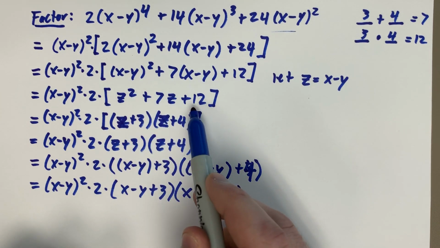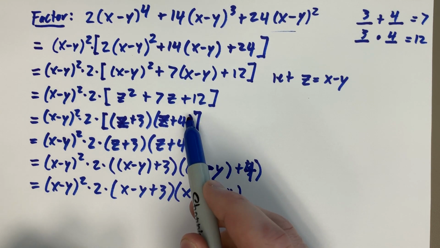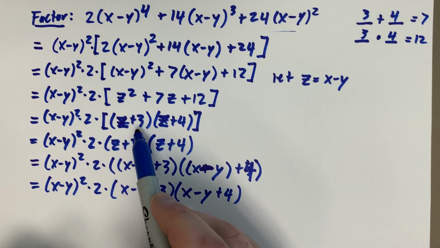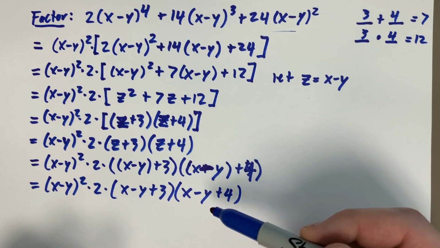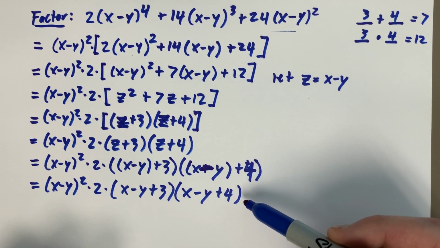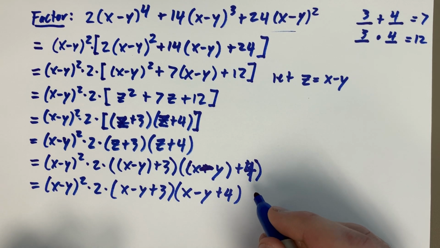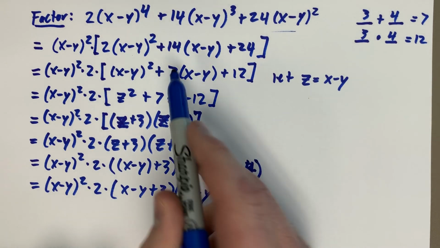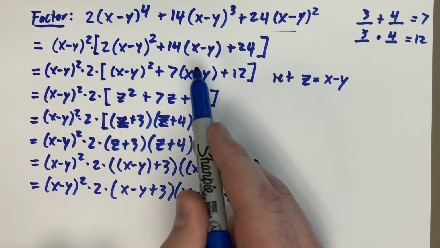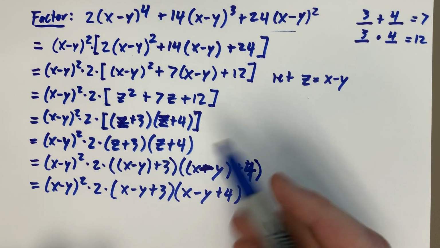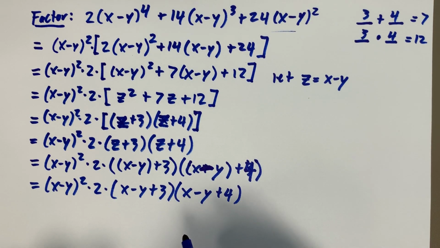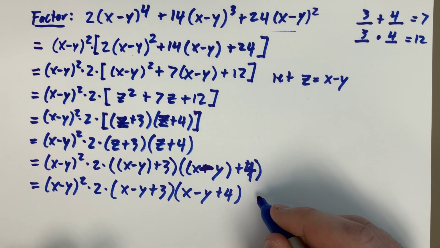Then we get a quadratic that we can factor using normal methods. That gave us z plus 3 times z plus 4 inside the brackets. And then after some simplification, we end up down here. So those are basically all the steps that you needed to solve this. Factor out common stuff as much as possible, substitute, factor, resubstitute, and then simplify. That's all we did. So with that, we are done with example 4.